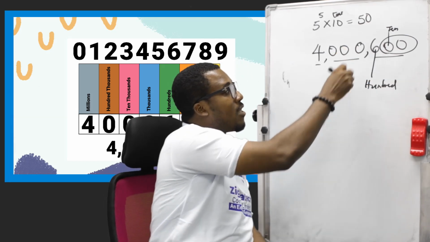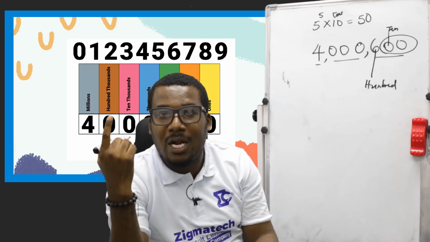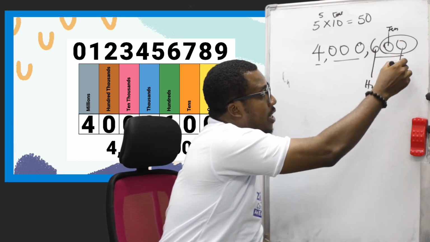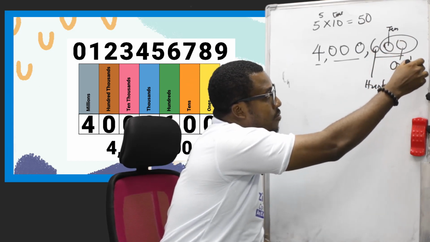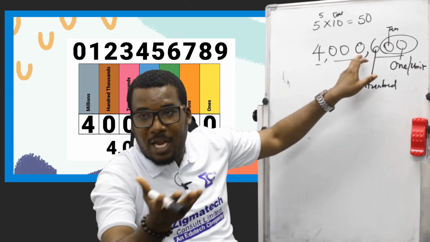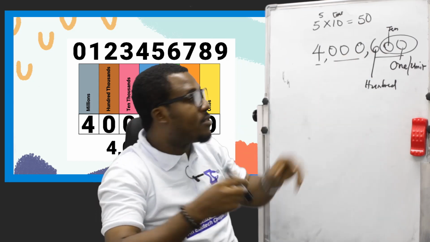This guy was 1, a single or units. So this one here is 1,000. This one takes the place of 10,000.